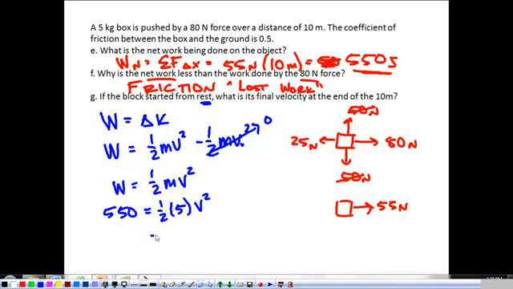So, a little mathematical magic. I'll let you work on that on your own, as I pull out my calculator. Multiply both sides by 2. Divide both sides by 5 and square root it.